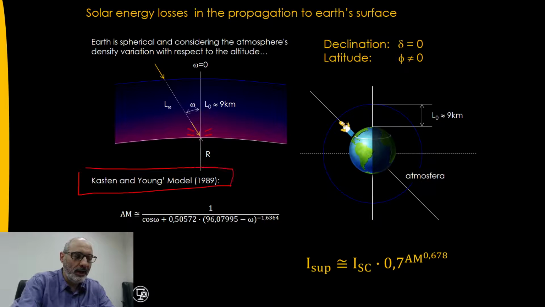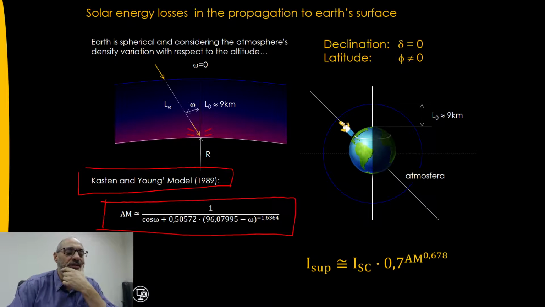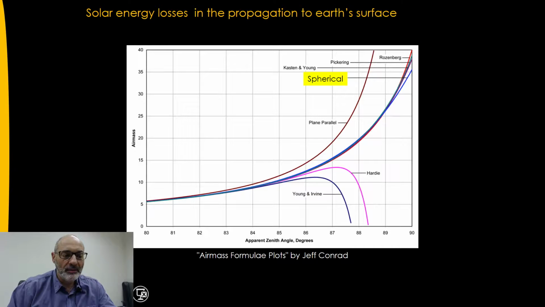Some researchers did this, and they got this model for the air mass coefficient. It takes into account also diffuse radiation and the variation of the density of the atmosphere, and here the variation is much less. You can take this into account through this type of models.